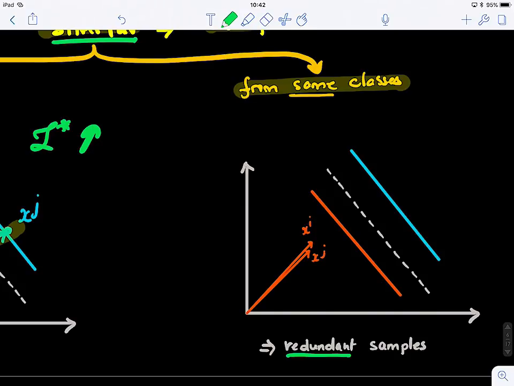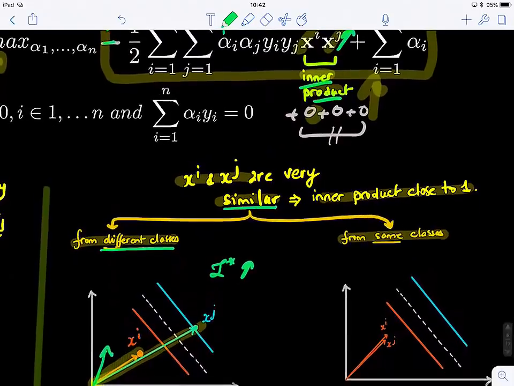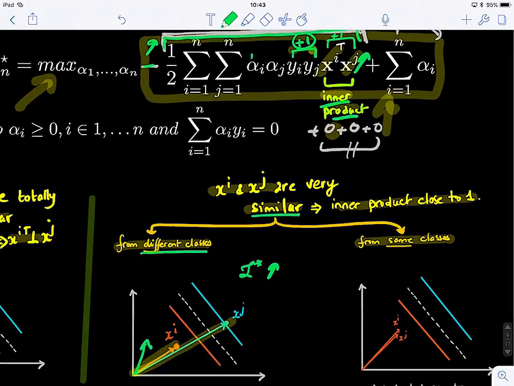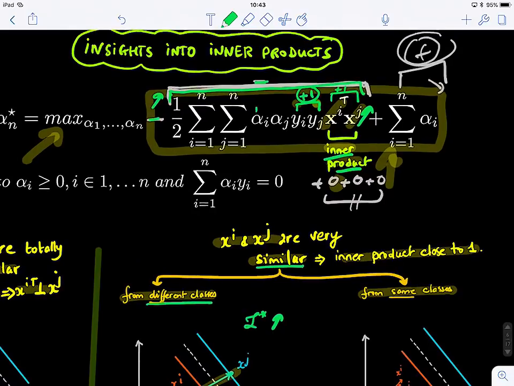If we have two redundant samples, their inner product will be maximized, but here the yi yj term will be positive because they're from the same class, which means this whole term will be negative. So the optimization problem will select some alphas in such a way to penalize this term, to downgrade these samples, because all that we're controlling are the alphas.